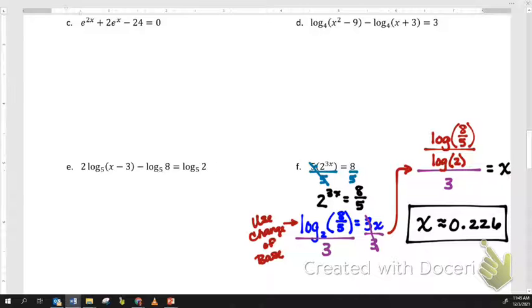What can I do with those logs? Quotient, yep. We're going to condense this using our quotient property. So I'm going to have log base 4 of x squared minus 9 over x plus 3 equals 3.